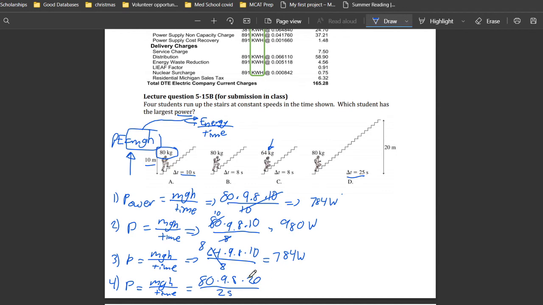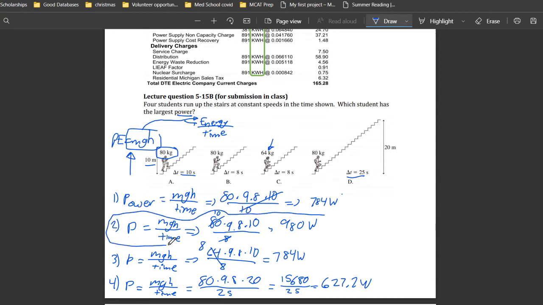And when we plug all of this in, so 80 times 9.8 times 20, that's equal to 15,680 over 25. And when we divide this number by 25, we get 627.2 watts.